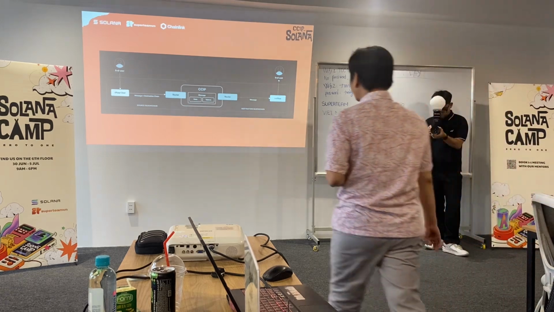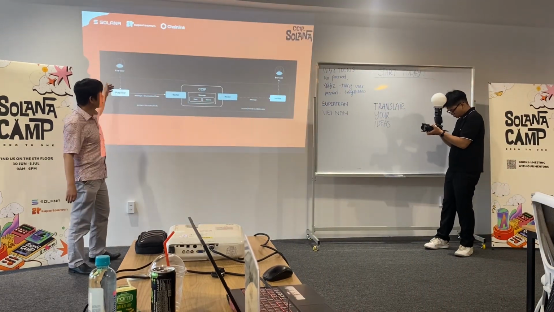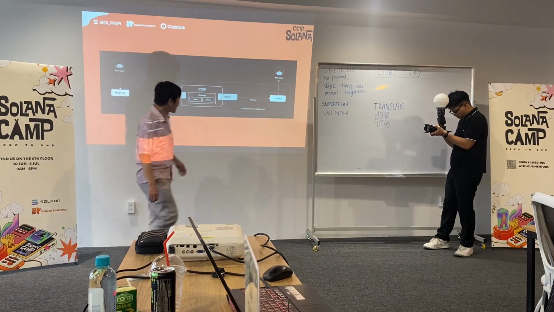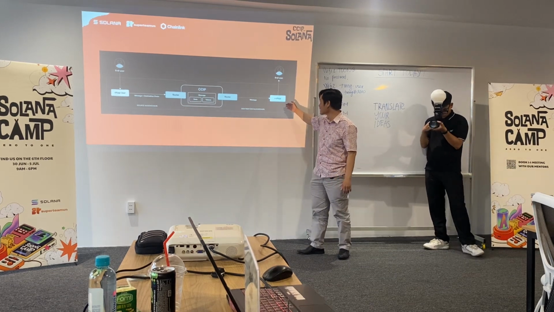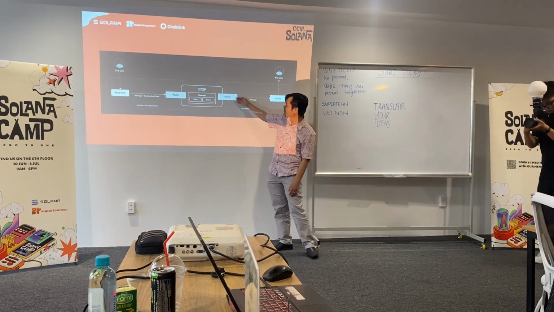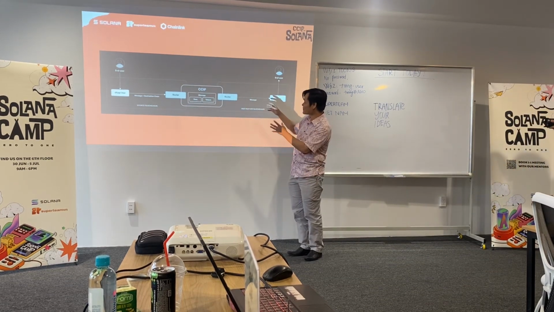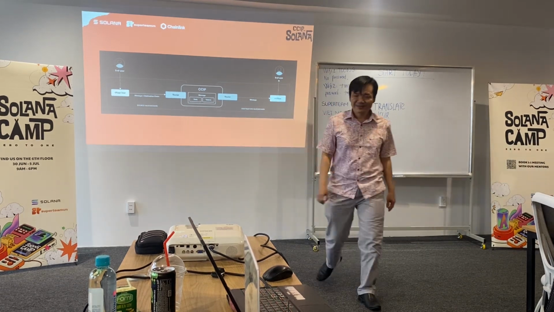You see the end user and the app on one side, and the end user and the app on the other side. We only need to use the browser on both sides, and with the CCIP box in between, we can transfer any message and any asset.